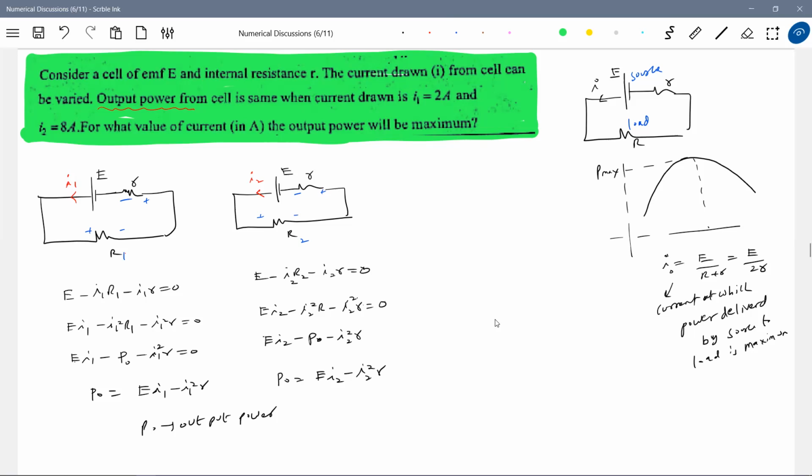Shall we write, we know I1 plus I2. So what can be I1? The output power from the cell is the same when the current drawn is I1, 2 ampere, and I2, 8 ampere. For what value of current the output power will be maximum is what is being asked.